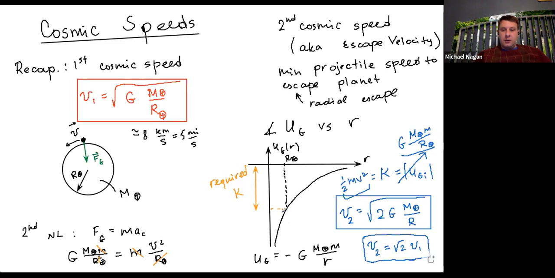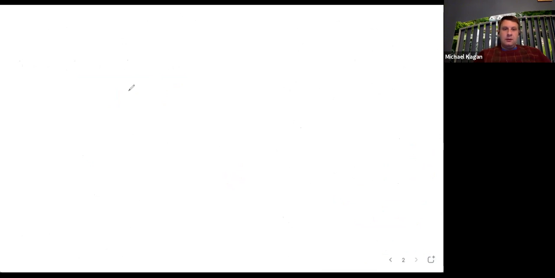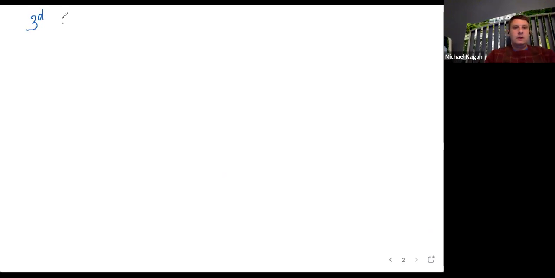There is also a third cosmic speed that I actually leave for you to compute at home. Who knows what that means? Third cosmic speed. What is that about? Yeah, you can say, I don't know, and I'll tell you.